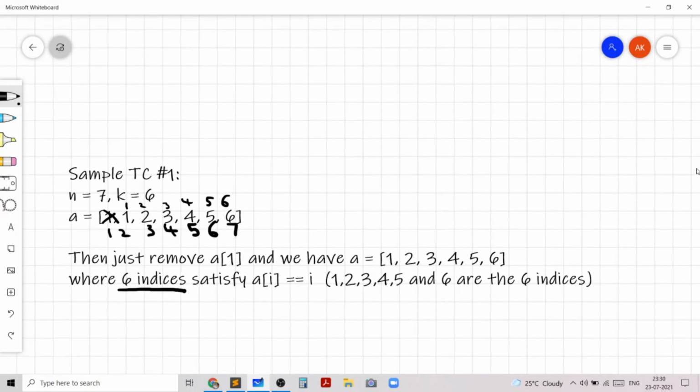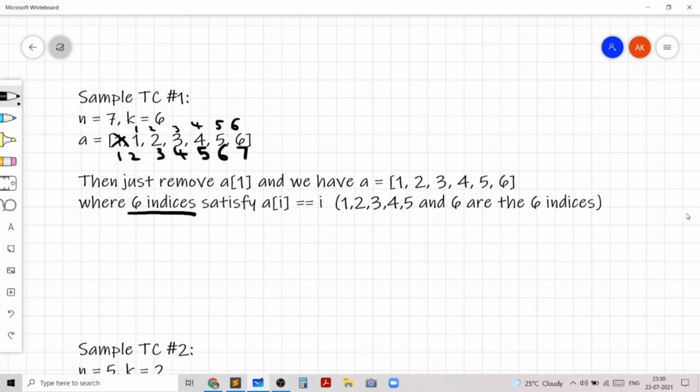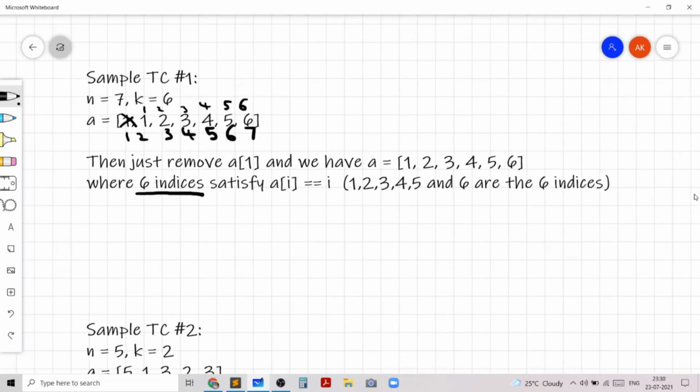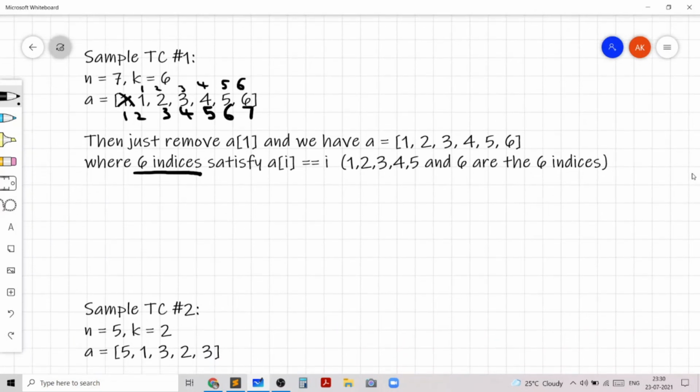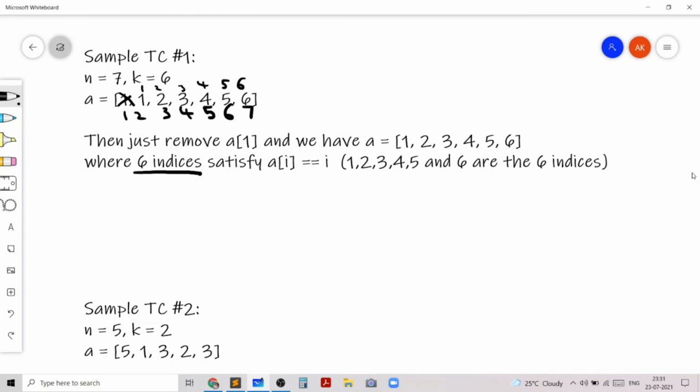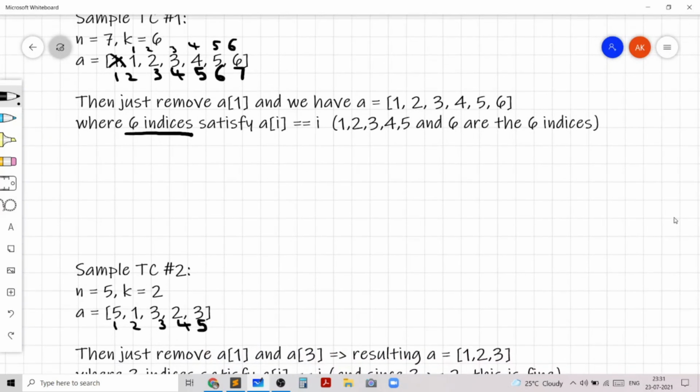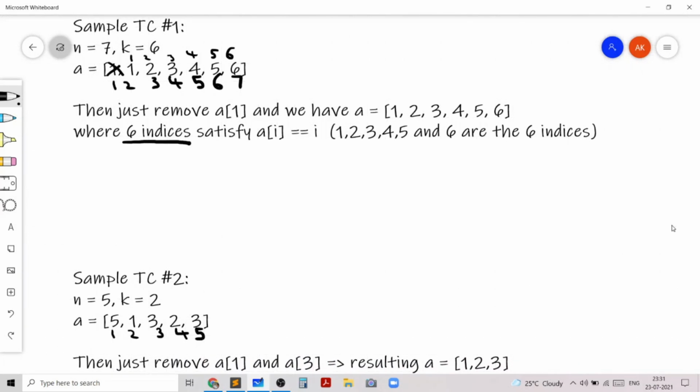And in the second sample test case, we have n is 5 and k is 2. Again, if we number the indices from 1 to 5, then we see that we need to ensure that at least 2 indices have a_i equal to i. Let's just remove the elements at position 1 and position 3.